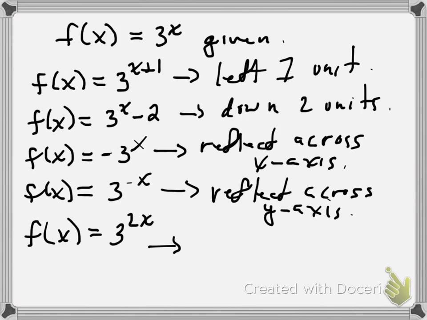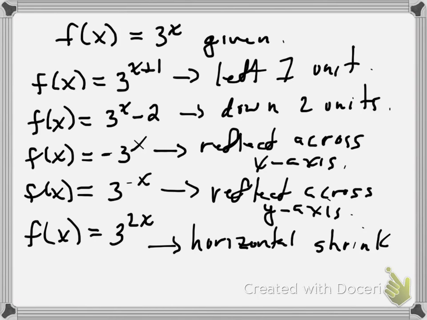And then here we have 3 raised to the 2x, so again we're multiplying the x by 2 on the inside, so this is going to be a horizontal shrink. And remember, with the horizontal shrinks or the horizontal stretches, the scale factor is the opposite of what you see there.